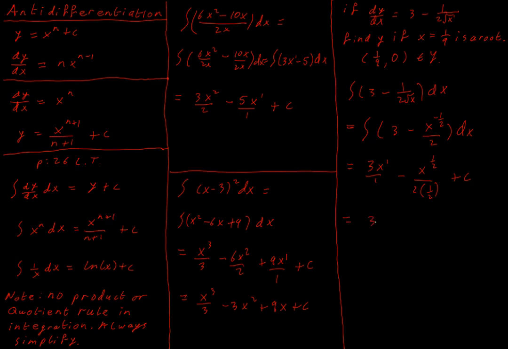And we end up with 3x minus square root x plus c. And then we're told that this is our value for y. We've gotten our integral of dy/dx, so this gives us y.